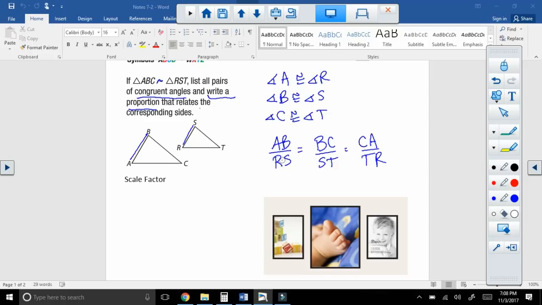The next thing says we want to find the scale factor. If we're looking for the scale factor, what we're doing is writing the ratio of the lengths of the corresponding sides.